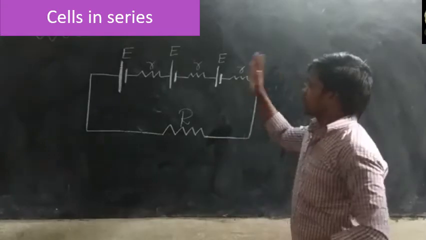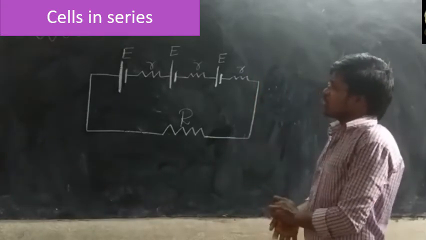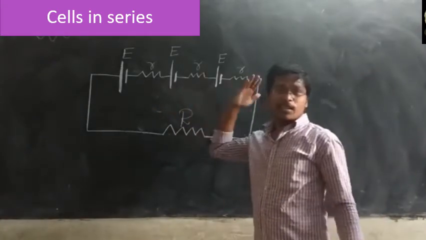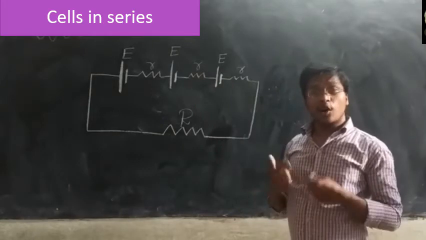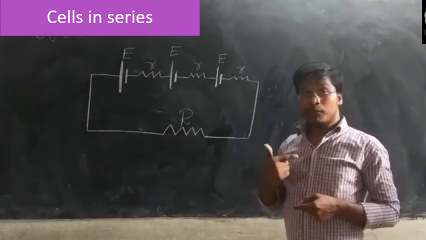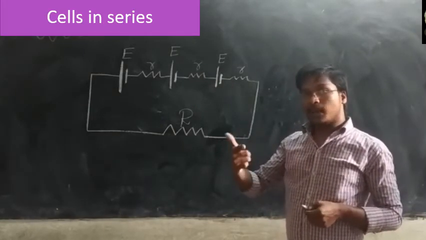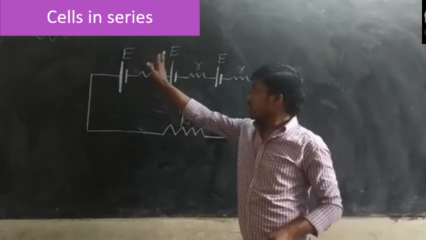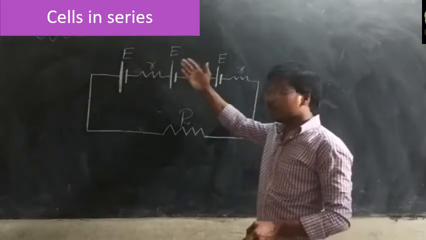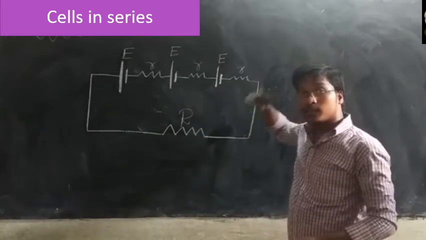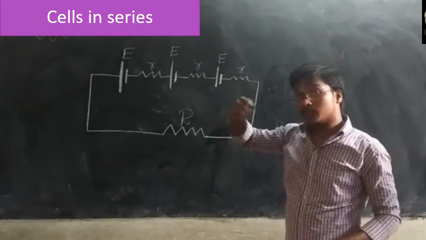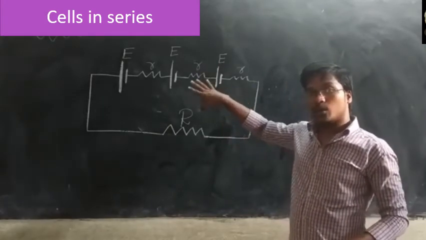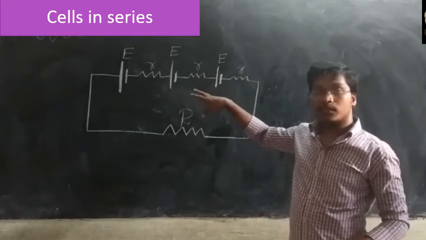This is the diagram. Now our circuit has n number of cells, and each cell has EMF E. So what is the total EMF of the cells?